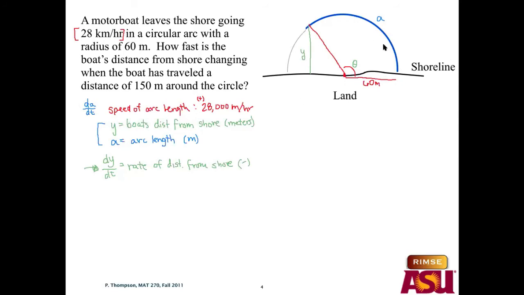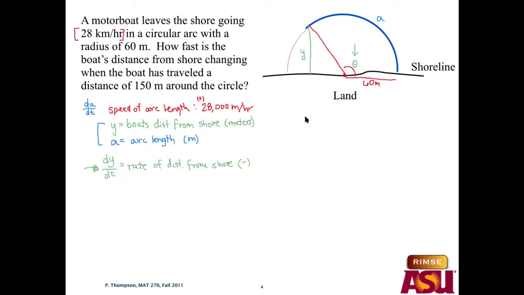And the reason is because I can't necessarily come up with right away an easy way to say how A and y are related. I have a rate of change for A, I want a rate of change for y. I know what A and y are, but either one of them I can relate to theta. So I'm going to use theta here to help write an equation that relates A and y.